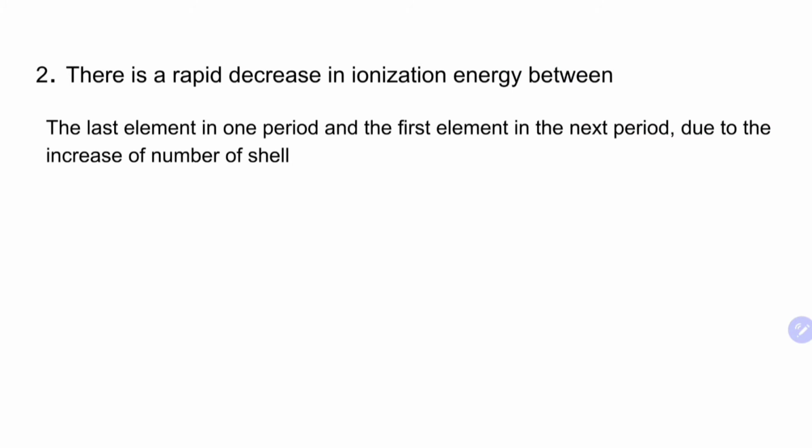Fact number 2. There is a rapid decrease in ionization energy between the last element in one period, helium, in the example I explained before, and the first element in the next period, lithium.